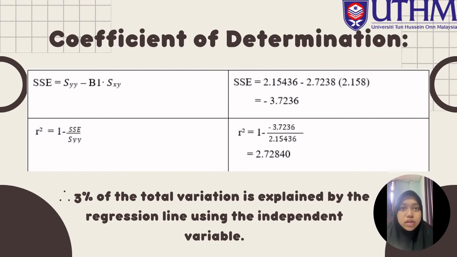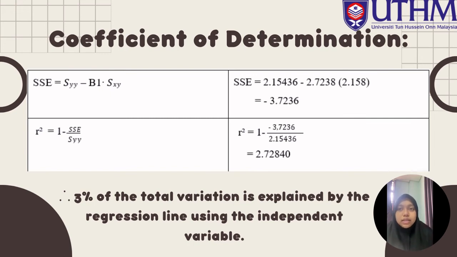The value of SSE is 2.15436 minus 2.7238 times 2.158, and the answer will be negative 3.7236. And for R squared, it is 1 minus negative 3.7236 divided by 2.15436, and we will get 2.7284.